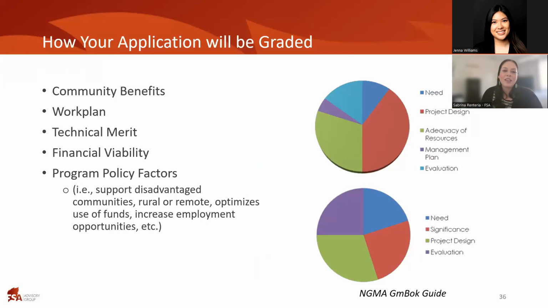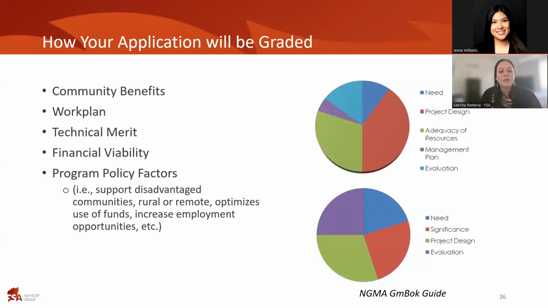Quickly, how your application will be graded. For example, how does it truly benefit the community? Do you have a solid work plan? Do you have the technical merit, the financial viability? Are we truly supporting disadvantaged communities for this one grant? Is it truly rural? Are we optimizing use of funds?